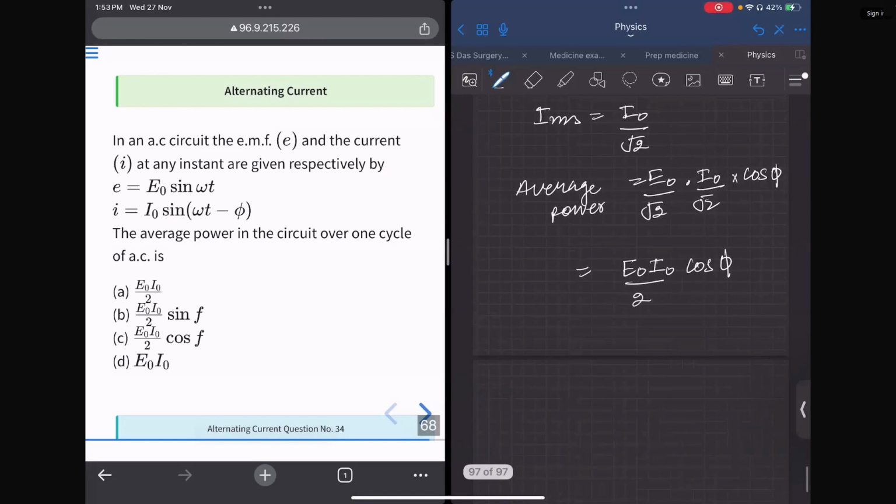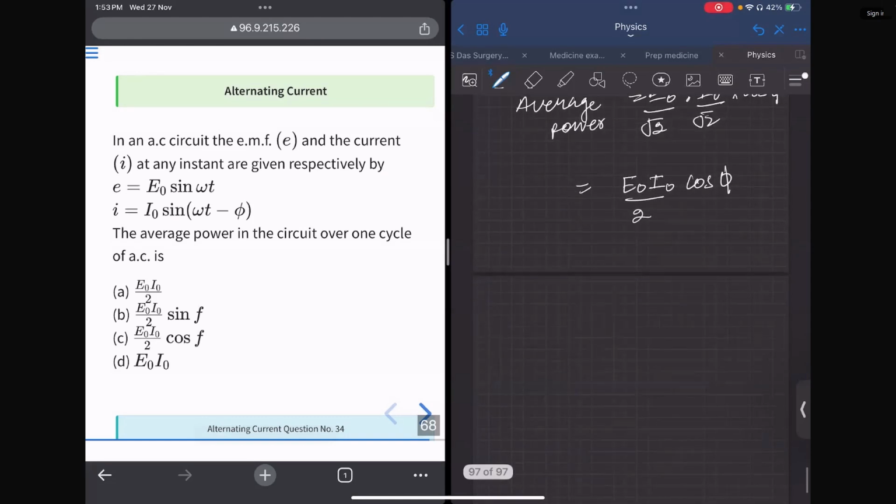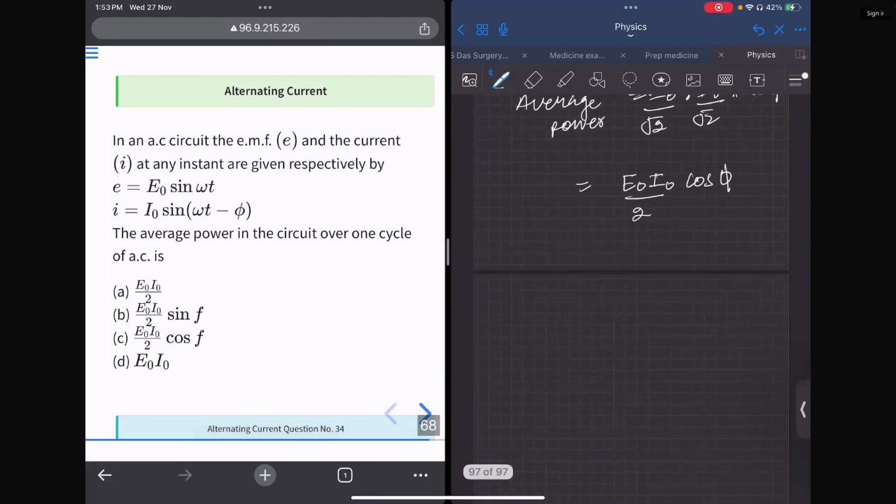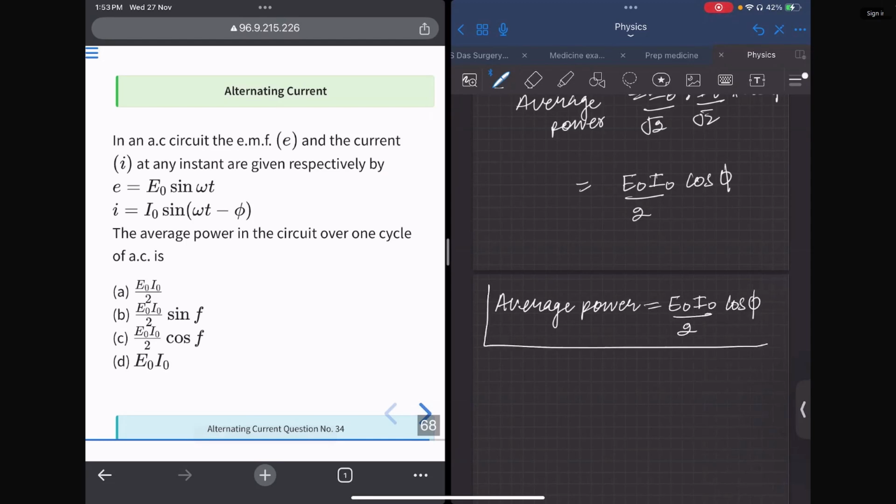So what is the formula for the average power consumed in one cycle? Average power is equal to E naught I naught by 2 cos phi. We need to remember this formula because questions are asked directly on it. You just have to put in values.